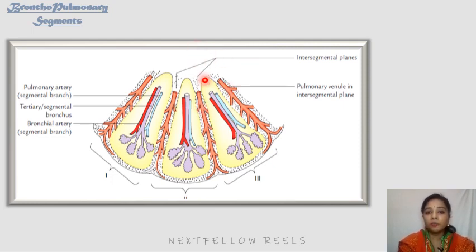The tributaries of the pulmonary veins are intersegmental and lie at the margins of bronchopulmonary segments. These margins create the surgical planes which a surgeon can follow for segmental resection with minimal tissue damage. That is the reason these bronchopulmonary segments are very important surgically.